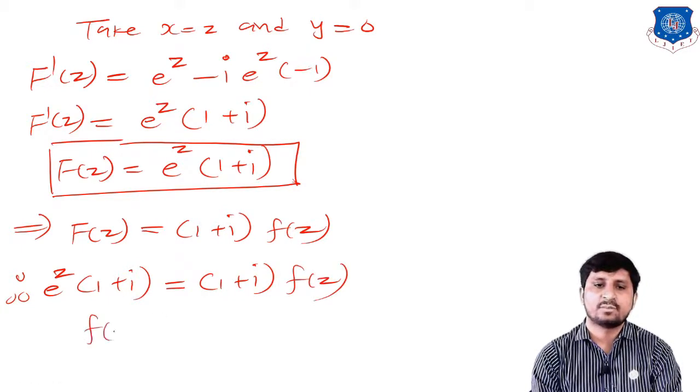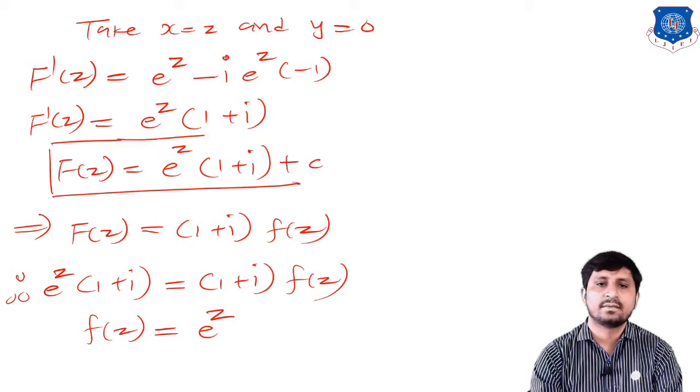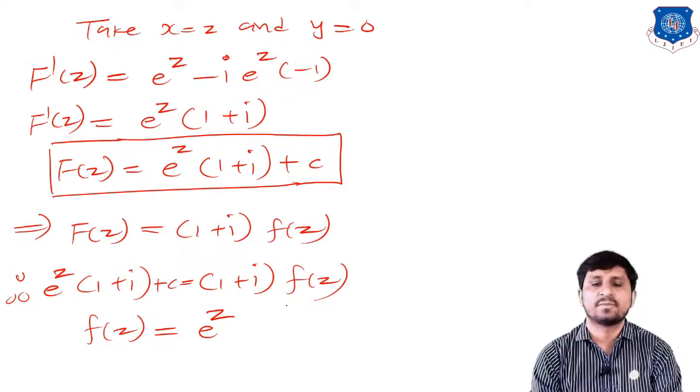So what is my small f of z? Small f of z, that is e raised to z, and because we integrate here, you can add plus c, okay. So just add plus c here, that is equal to (1 plus i) into small f of z.